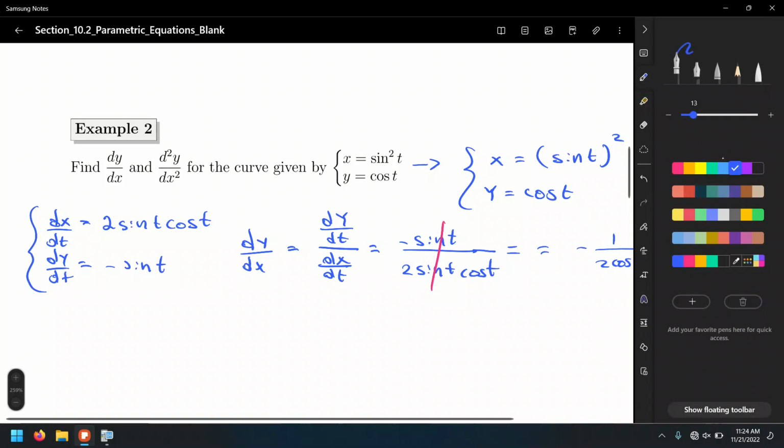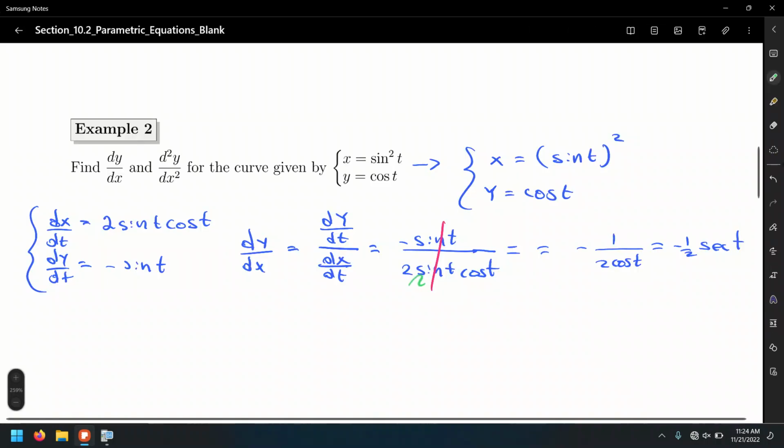And well, you can think of these 2 sine t cosine t as sine of 2t, right? And you can get, in this case, negative sine t over sine 2t. That's still technically correct because we're using the trigonometric identities. However, you don't need to do all this, because you are going to end up with a quotient of functions.